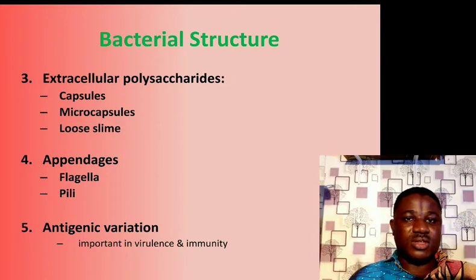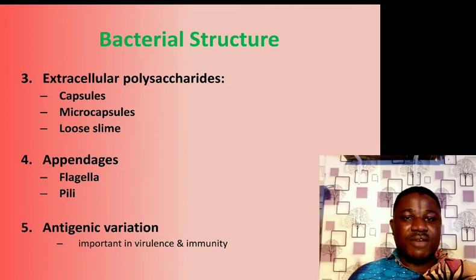Those extracellular layers found on bacteria include the capsules, the microcapsules, and loose slime. Where they exist, they will be characteristics of the bacteria, whether they will be virulent or not. For example, bacteria that are encapsulated will generally be very virulent and can cause diseases. Those that are not capsulated cannot cause diseases.